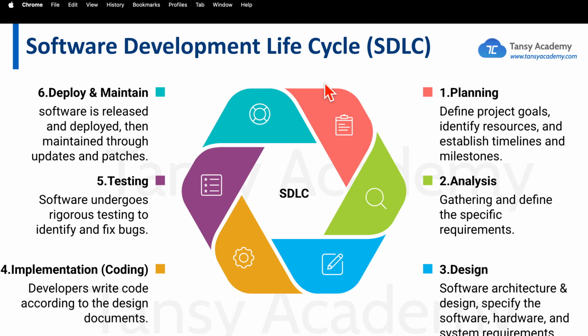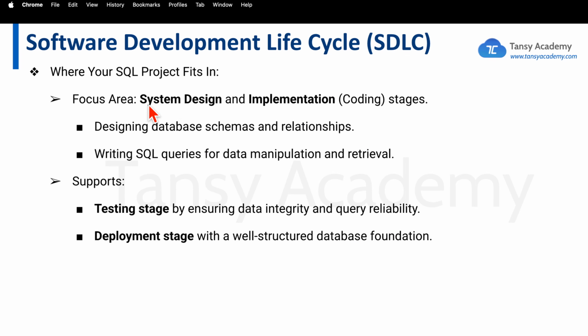And then if you talk about the software development lifecycle, you should know where the work you are doing, the assignments you are doing, fit in the real world. As we discussed in chapter 2, there are about 6 to 7 phases in SDLC, software development lifecycle. So what you do fits at system design and implementation.